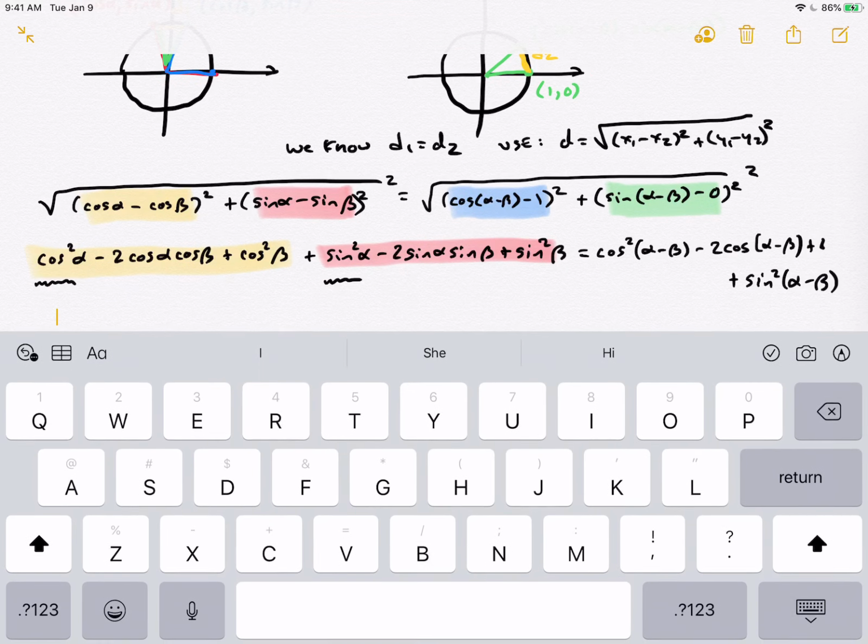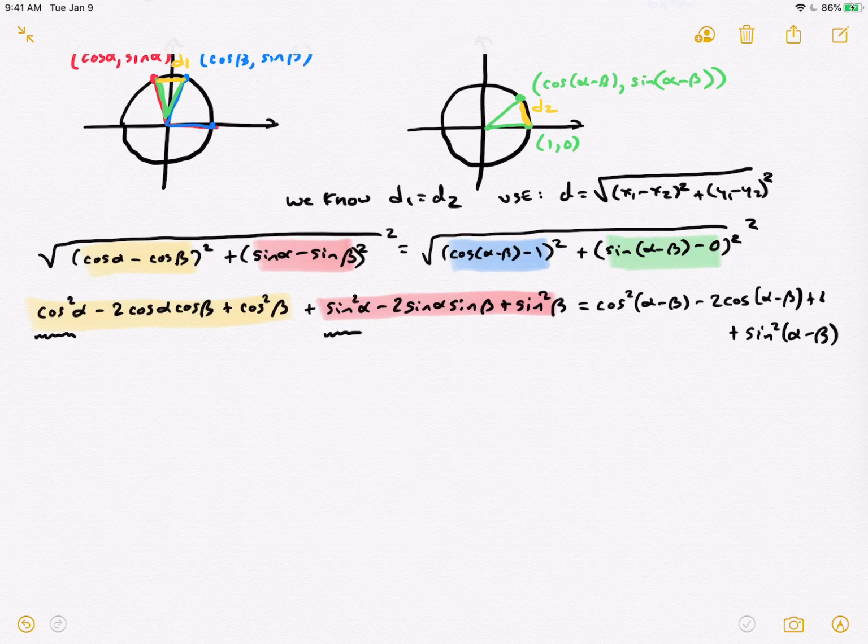And you also had a cosine squared beta and a sine squared beta, and those two are also equal to 1. So as I rewrite the left-hand side of the equation, I can actually write it much more simply, just as 1 plus 1 minus 2 cosine alpha cosine beta minus 2 sine alpha sine beta.